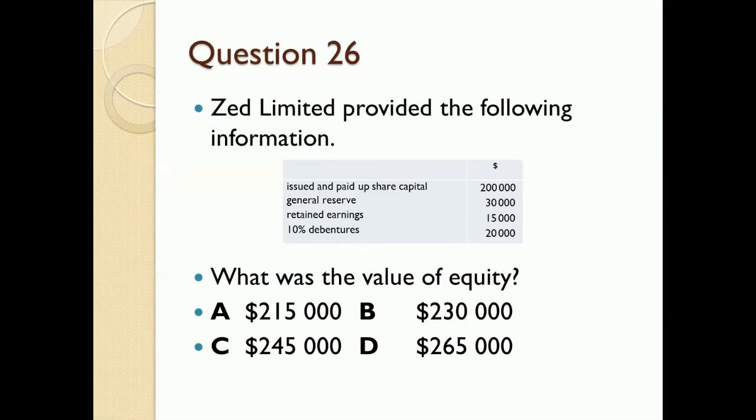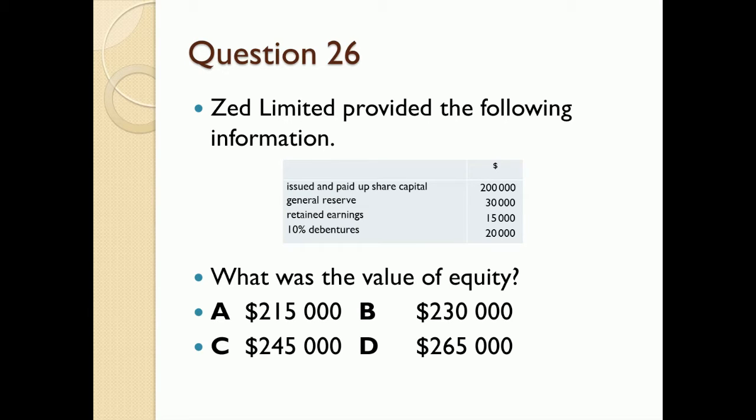So let's start our discussions. Question number 26: Z Limited provides the following information: issued and paid up share capital, general reserve, retained earning, and 10% debentures. The question is, what was the value of equity?